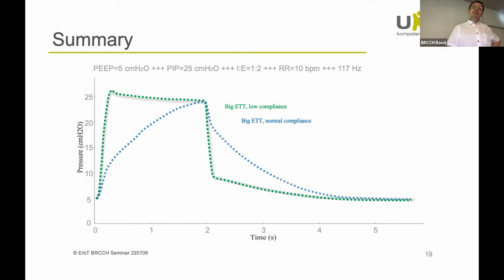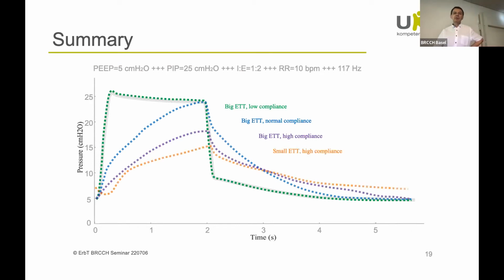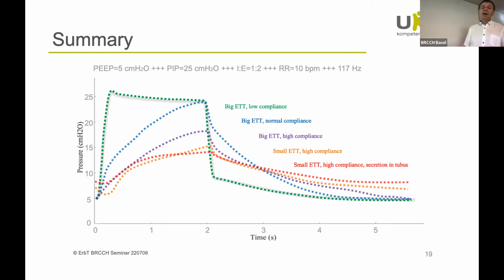That's the big tube with a low compliance, normal compliance, again a big adult tube with a high compliance, and then the pediatric sized tube without obstruction and pediatric size with a high compliance and secretions. So you get quite additional information from measuring tracheal pressure that you can't derive from the ventilator.